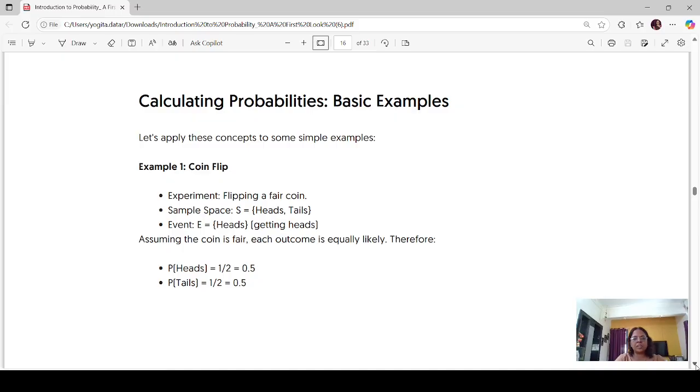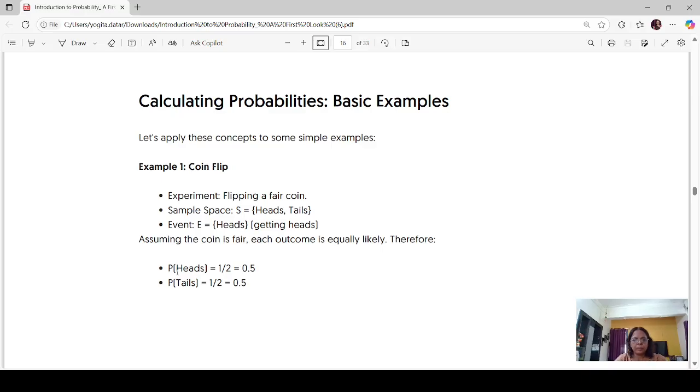Now let us calculate a few examples. First is a coin flip. Here the random experiment is flipping a fair coin. We know that the sample space S is head and tail, and if we are interested in only getting head, then obviously E will be the event with head as a point. Here the number of sample points in S is 2, and the number of sample points in event E is 1.